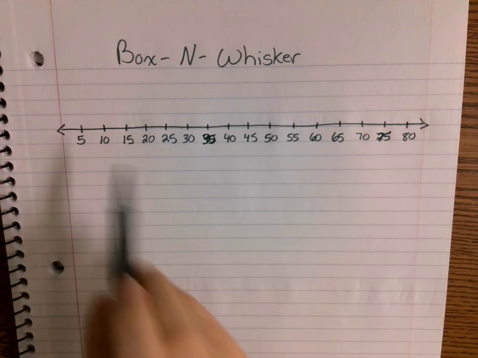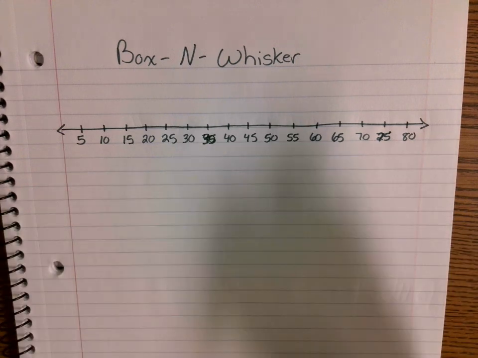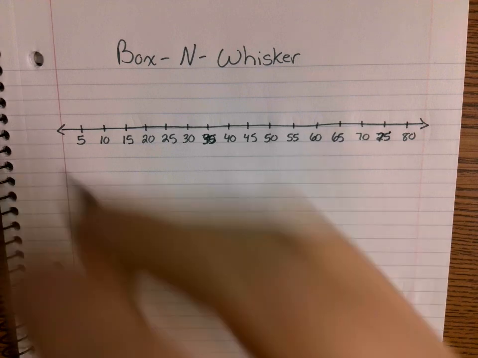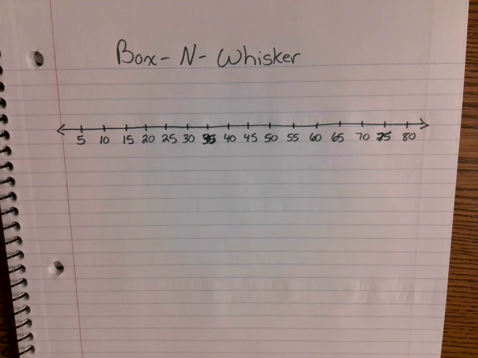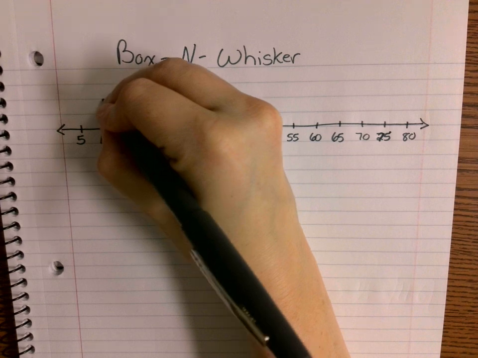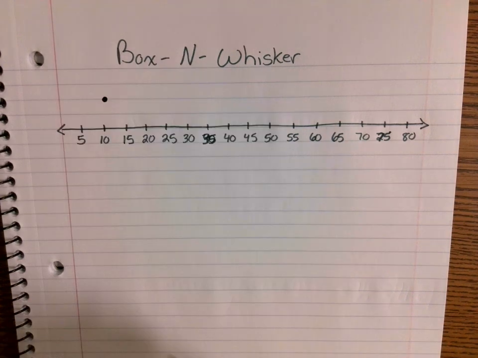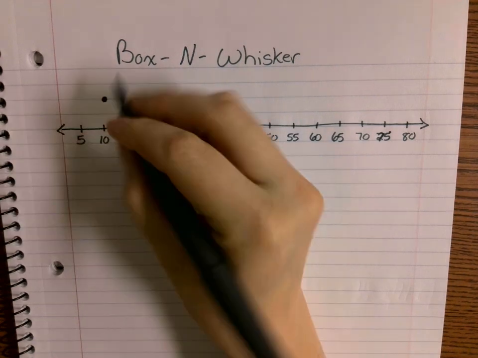Now when I'm drawing my box and whisker plot, I want you guys to start 1 dot at the 10. Let that dot travel all the way to the 20.